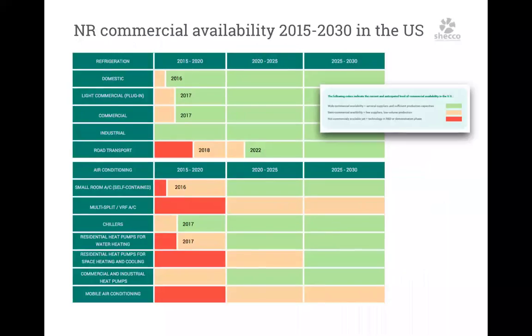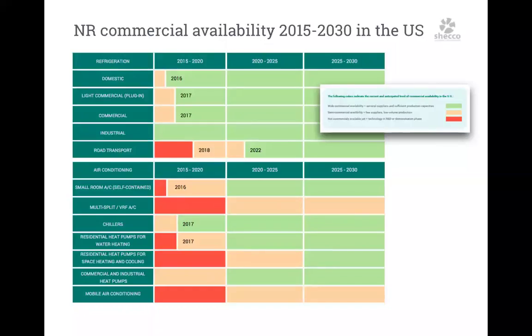This is a little bit of a complex exercise. It is a table called commercial availability in the US. What shecco, the policy team, did here is analyze, taking into account all the different market trends, technology trends, and policy effects, which sectors would move forward very fast or at a slower pace when it comes to the use of natural refrigerants.